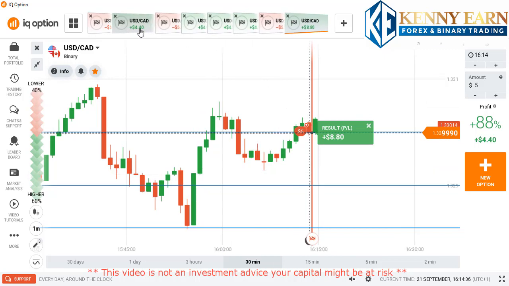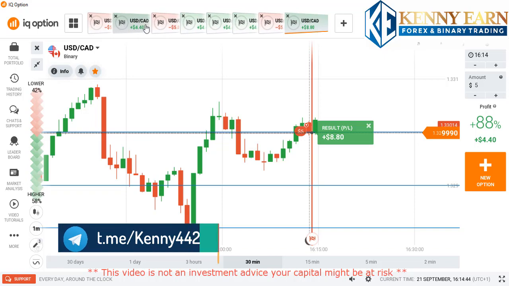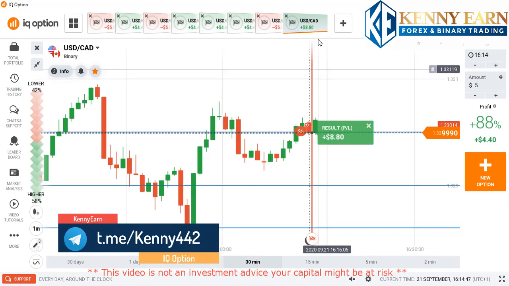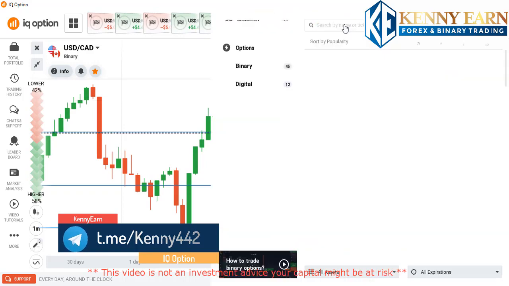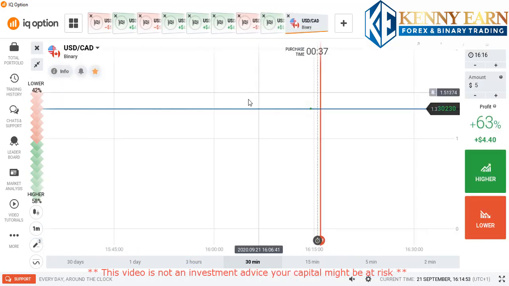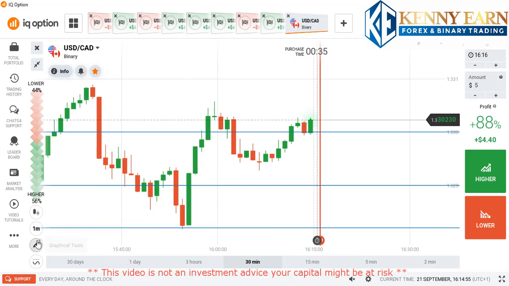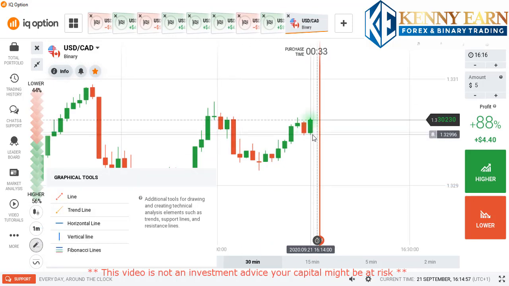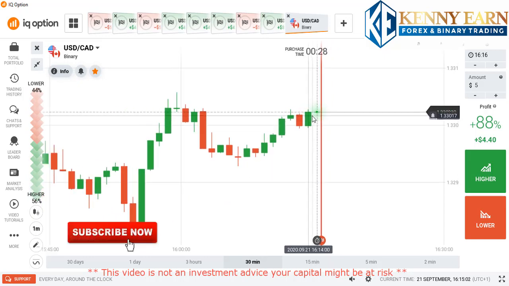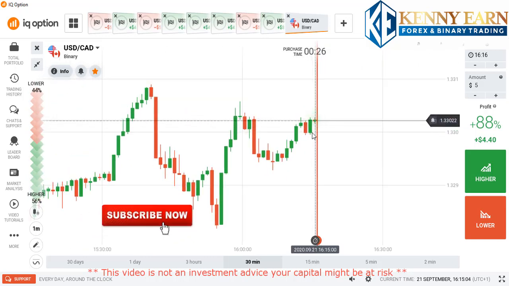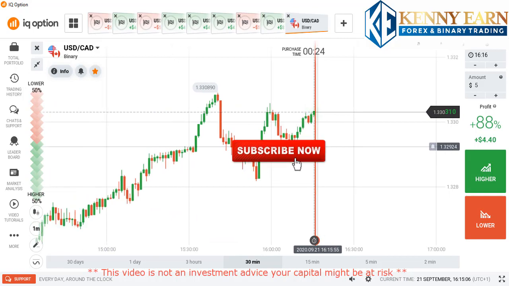So total, I placed about 5 trade and 5 ITM and 3 OTM, but at least the last one we closed with some good profit. So that's for that. You need to understand the market very well for you to be able to trade. This might be just a little fake out to lure people that the market is going higher. I tell you, this market is going to come down.